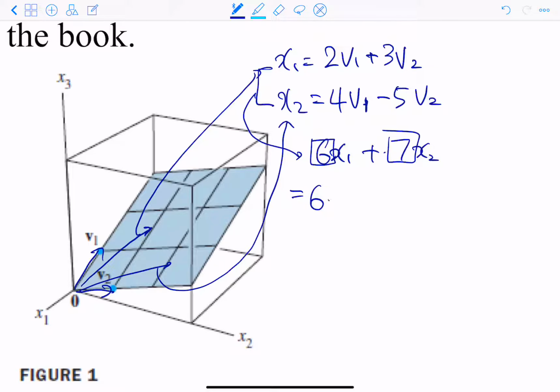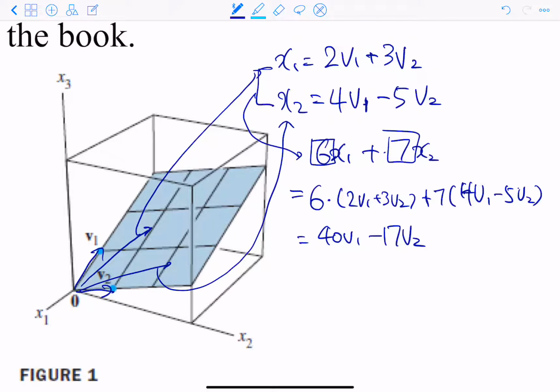And then 6 times 2v1 and 3v2 plus 7 times 4v1 minus 5v2. Okay, and in this case 40v1, 17, right? So it will be anyways represented as a linear combination of v1 and v2, which is included in the span, right?